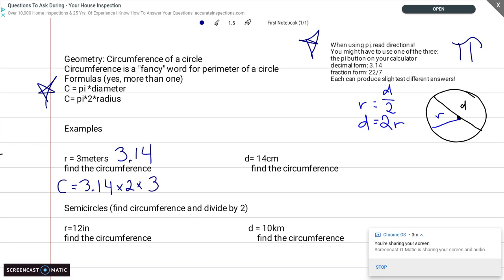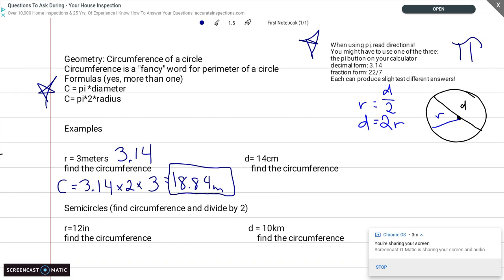Off screen, I'm going to do 2 times 3 times 3.14, and I'm going to get a circumference of 18.84, and this is going to be in meters. We don't have to add a squared or a cubed, because remember, perimeter is really distance, so we only need it in one dimension. So that is our final answer.